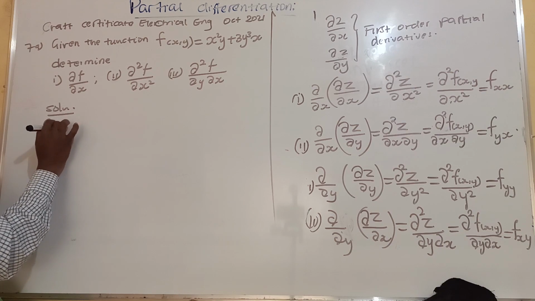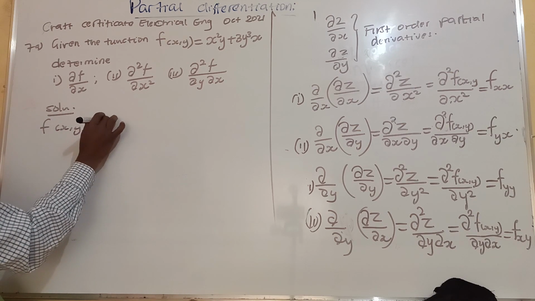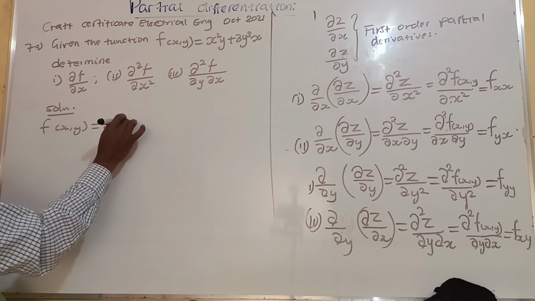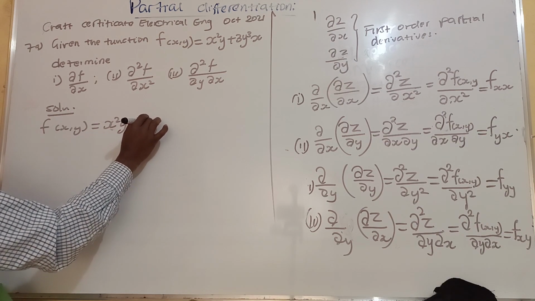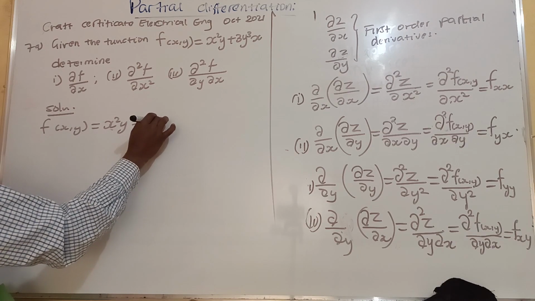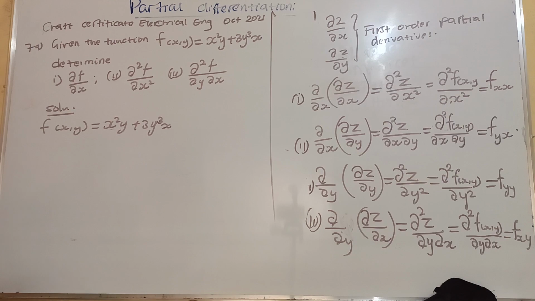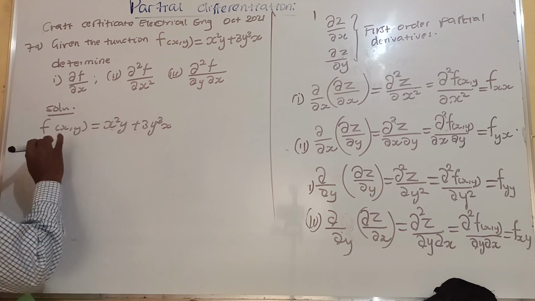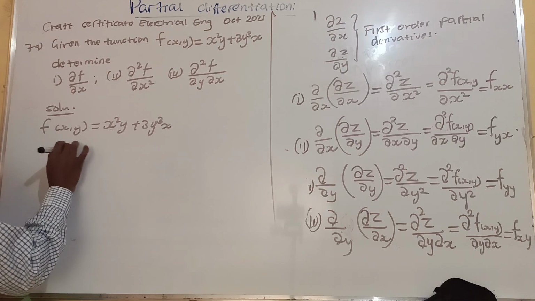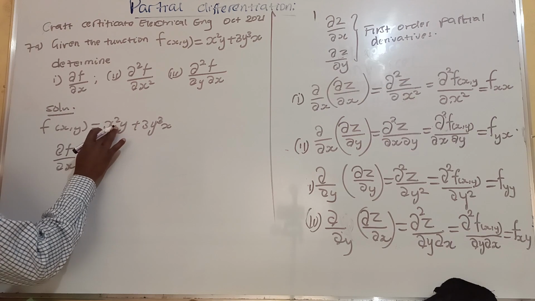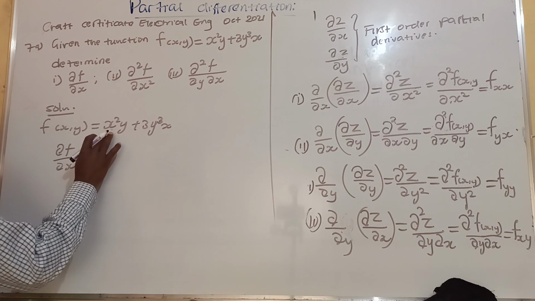So we take our function of x and y, which is equal to x squared y plus 3y cubed x. So let us differentiate with respect to x. If you differentiate here, the variable you are considering is x.